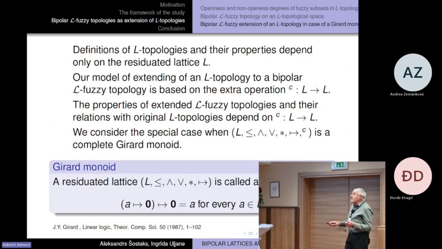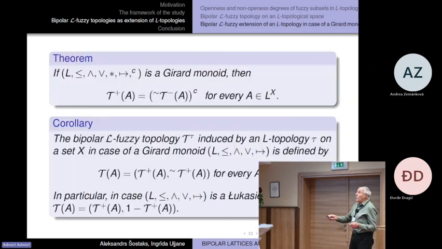It is the case when the whole structure with complementation is a Girard monoid. For those who know MV algebra, it is a generalization of MV algebra, and the definition is that A implies zero is A. So double negation, not not A, gives A. And in this case the formulas and relations become very natural, in particular in the case of Lukasiewicz algebra, the unit interval with the Lukasiewicz T-norm.